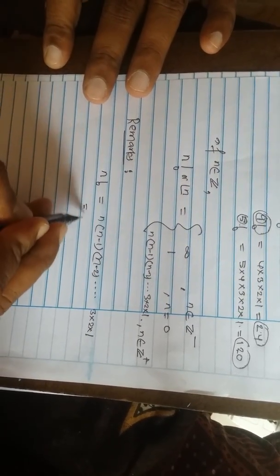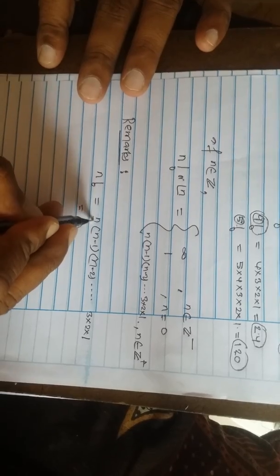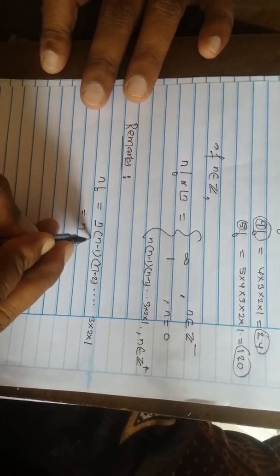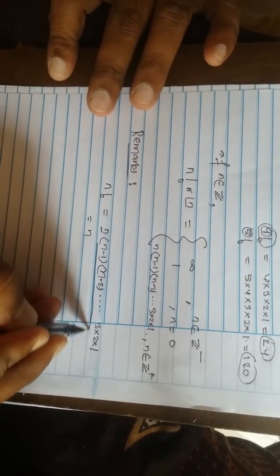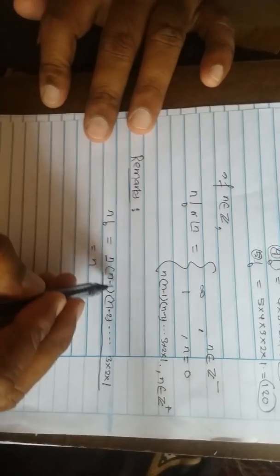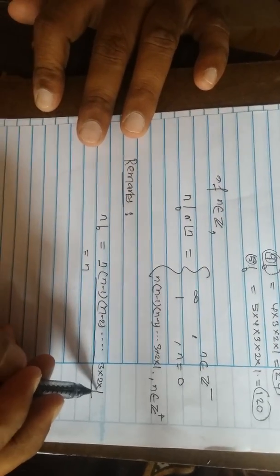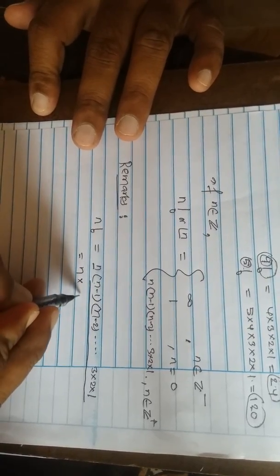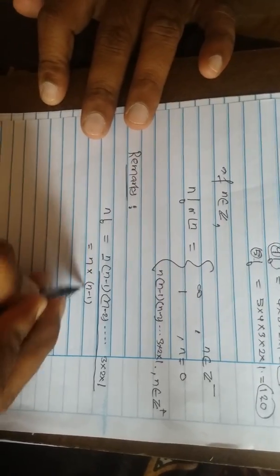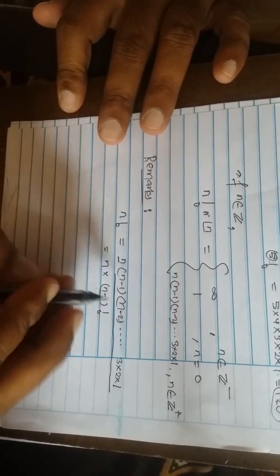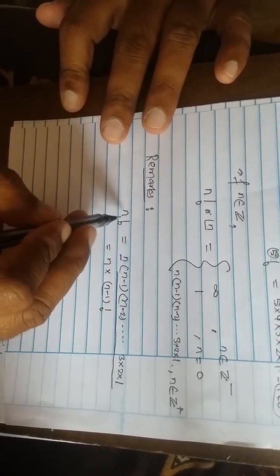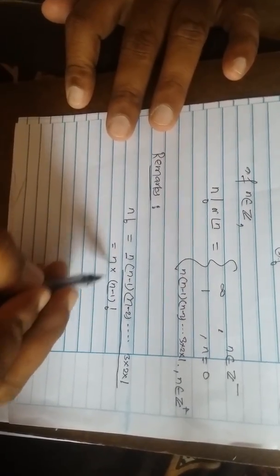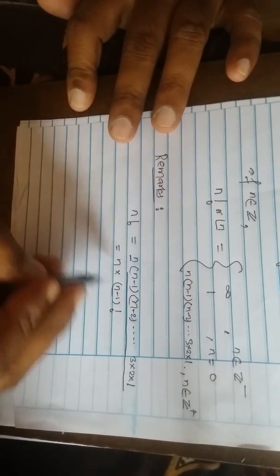If you separate n, if you write n separately, then what are you left with? This term starts from n minus 1 and ends with 1, a continuous product from n minus 1 up to 1, so it can be defined as n minus 1 factorial. That is why, if needed, n factorial can be written as n multiply n minus 1 factorial.